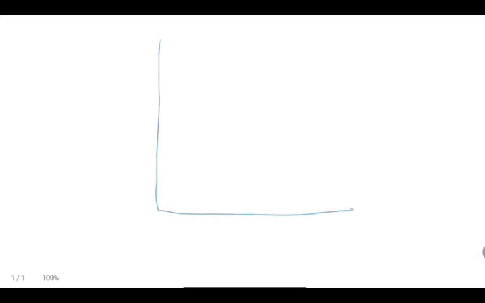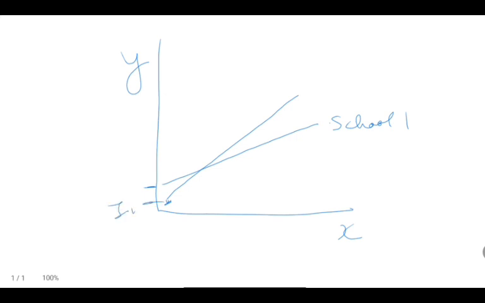So you see here, if we have 30 different schools, somewhere we can have an intercept at this level and a slope, this is the slope. Say this is school 1, and the fixed one is the population intercept and slope, right? This is the intercept of the population and the slope of the population.